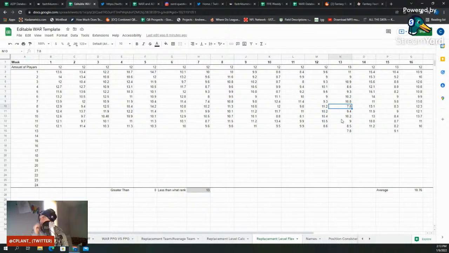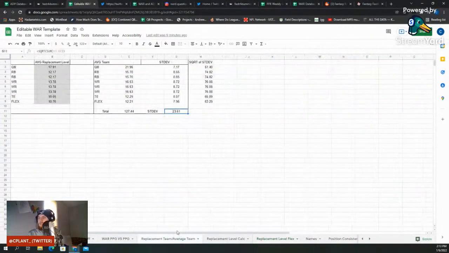So the way the function is set up, it does that. But it's not the end of the world. It still gives you a pretty accurate average of replacement level for flex, right? This is just for flex players. So you can see the flex is 10.76 averaged for the replacement level flex, right?